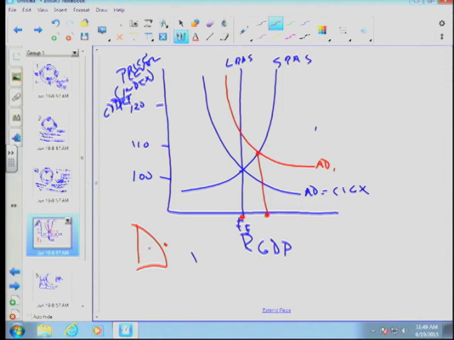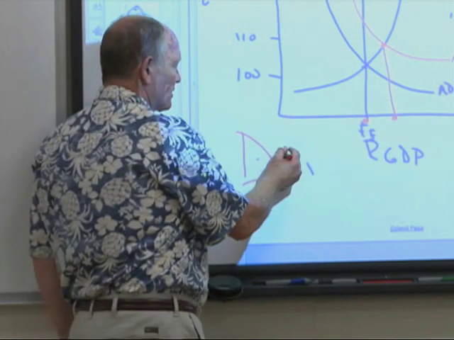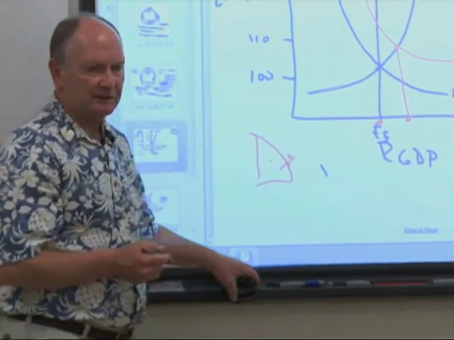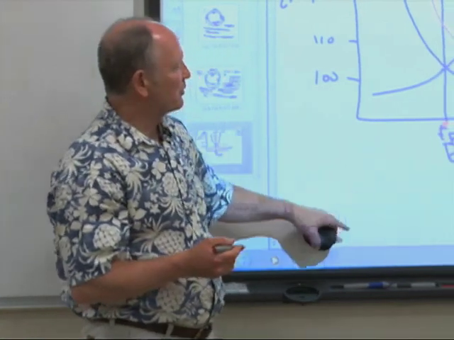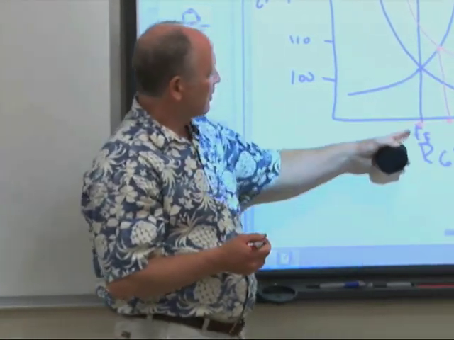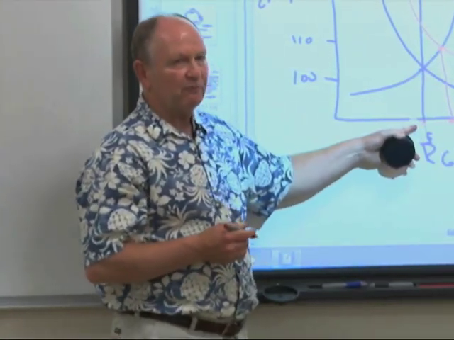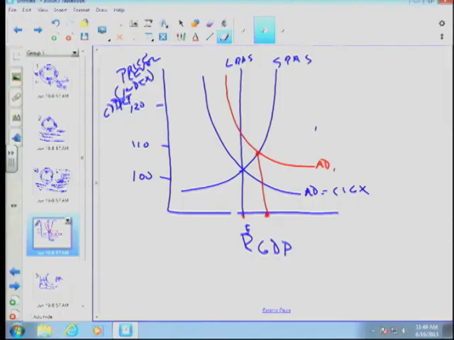Any GDP to the right is out here. We can't get there, can we? Sure we can. How can we produce more if we're already producing this amount of GDP at full employment? We go into overtime production.